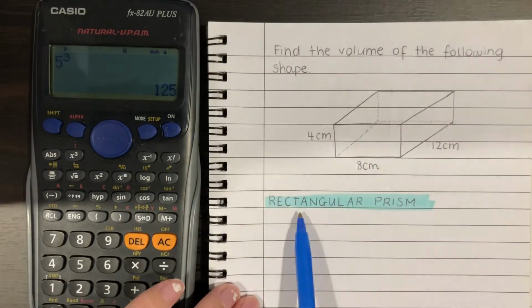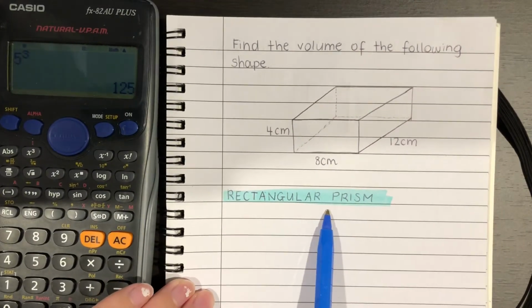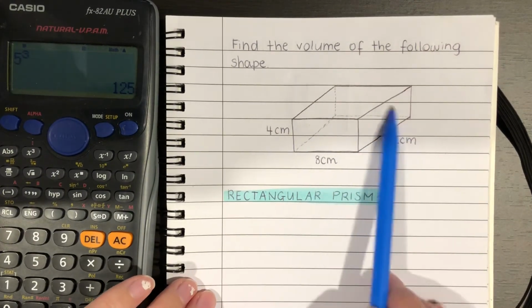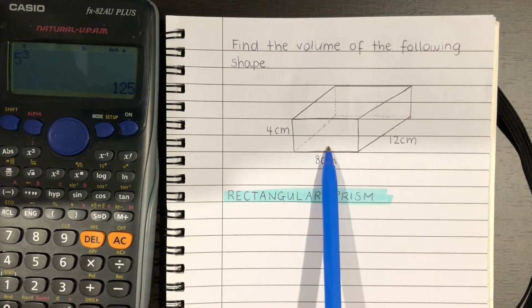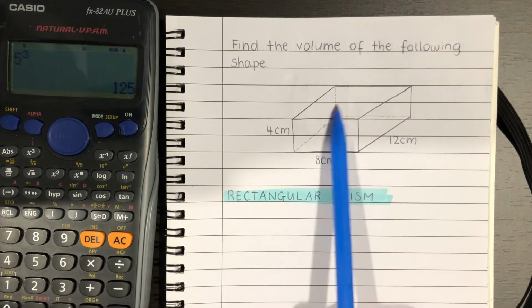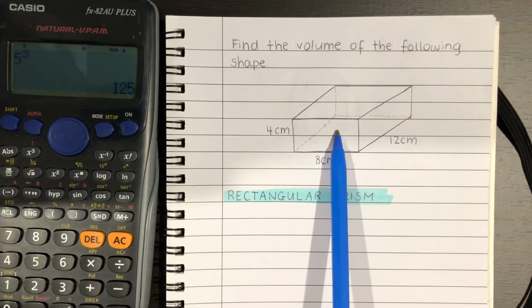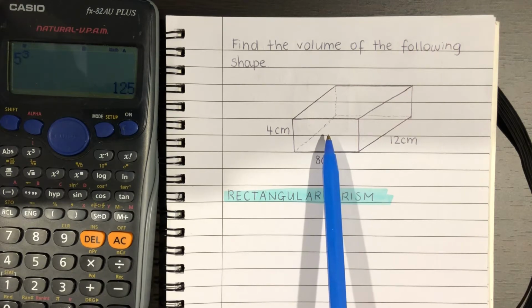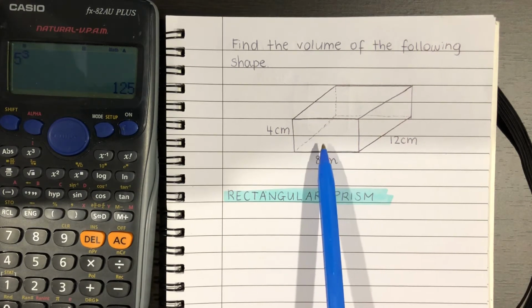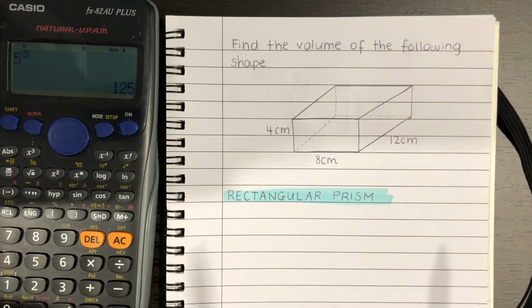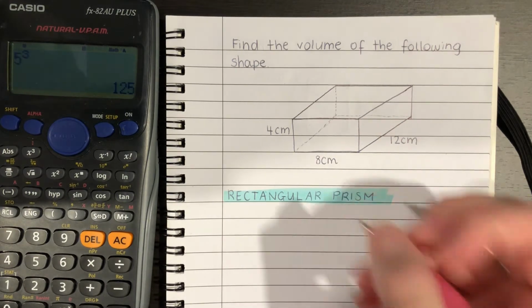So moving on to the volume of a rectangular prism. This is what a rectangular prism looks like. You could relate one of these to a tissue box in real life. A tissue box is a rectangular prism. What we're going to do as the very first thing is write down the formula.